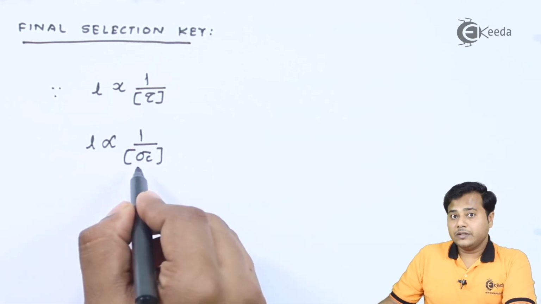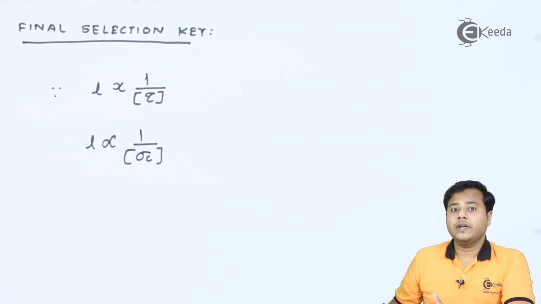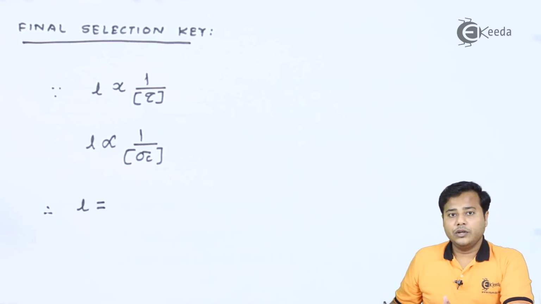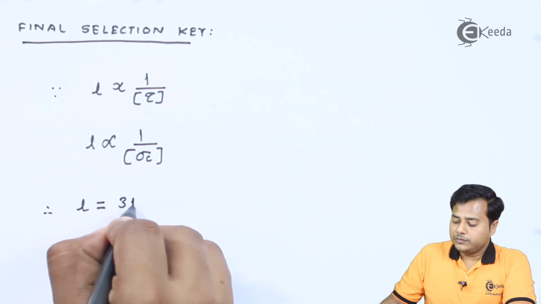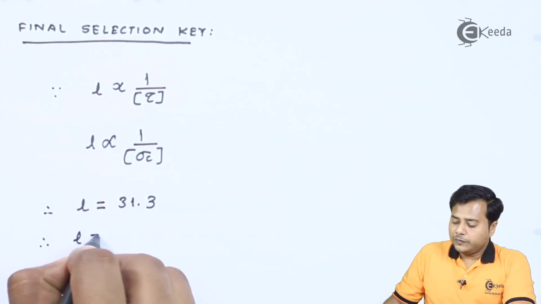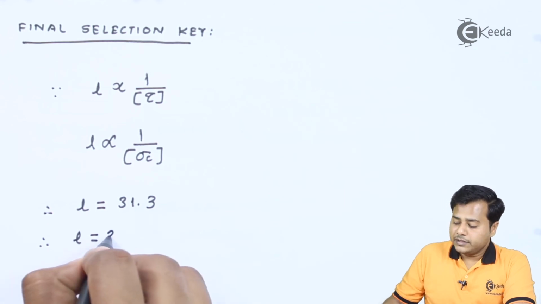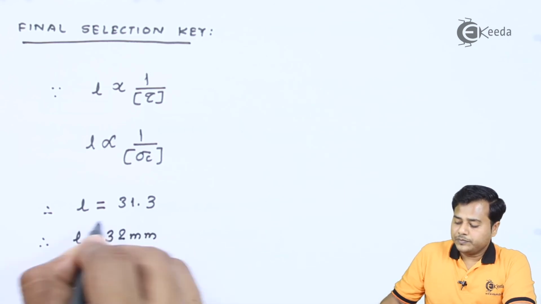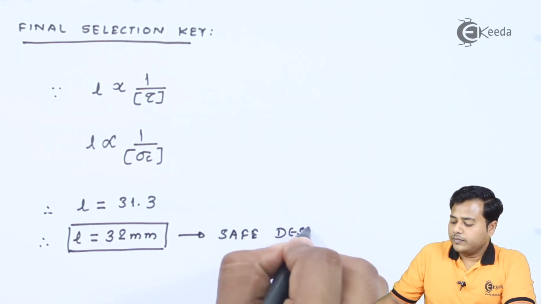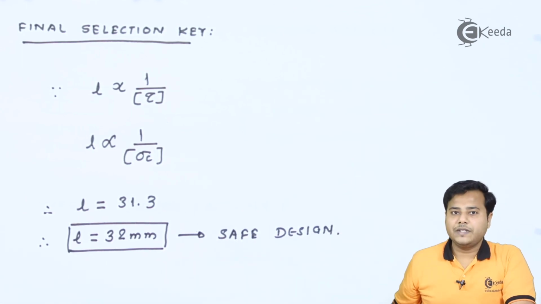So in that case, more the length, safer the value it is going to be, and therefore let's consider the higher value, which is somewhere around 31 point. Let us go for the standard value, and therefore the length of the key should be at least 32 millimeter. Which is a safe design.